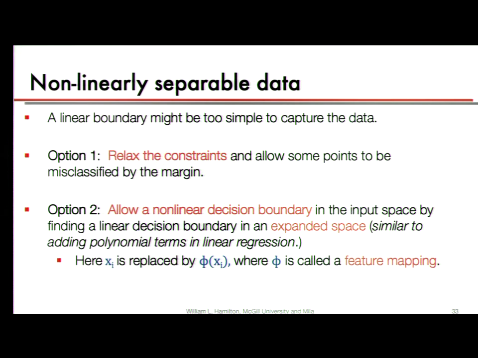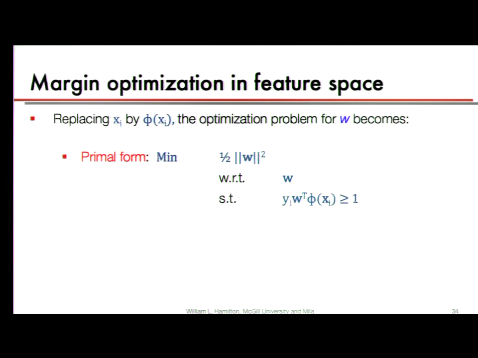And what we're going to do here is something relatively simple, which is that we're just going to replace our x vectors, our input features, with some transformation of these input features. This is exactly what we did to make linear regression have more complicated decisions, and how we made logistic regression and all these different methods.